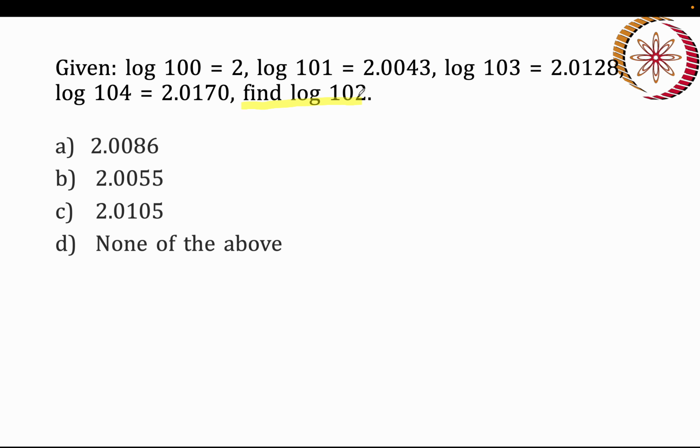Okay, so we can see that y equal to f of x is given. Here y is the values that are given, and f of x is nothing but log of x.